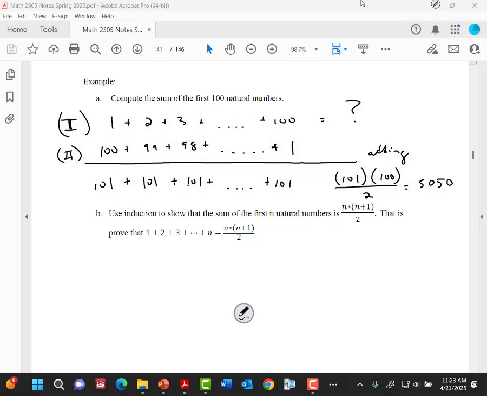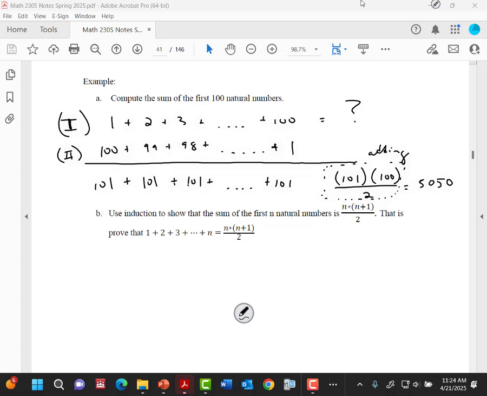And so this leads us to the idea that possibly this little formula right here might be able to be used to compute the sum from 1 to 100: 100 times 101 divided by 2.